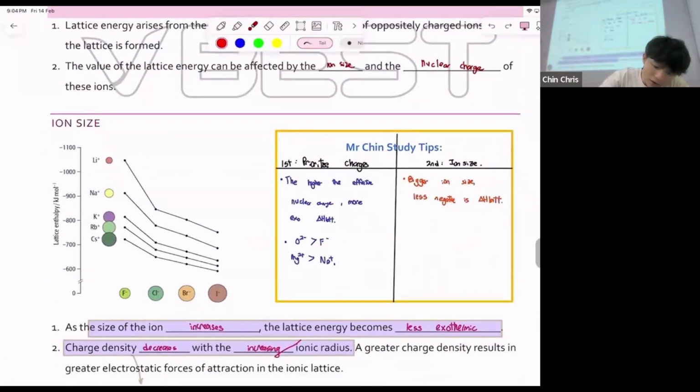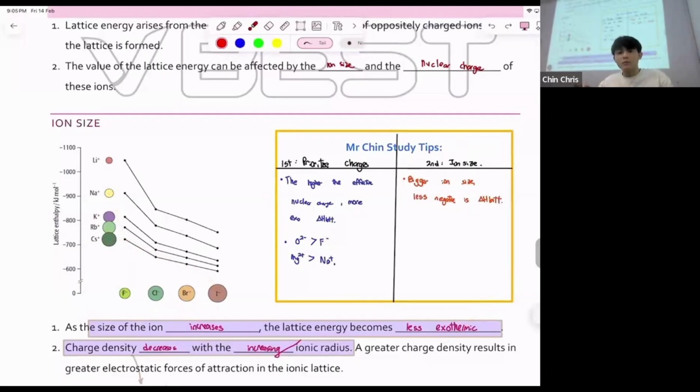So if you put a small one, the attraction is very strong, so you have a high value or more negative value. But if you have a big one, you see a weaker attraction, which means less exothermic, because the bond is weaker. When a weak bond is formed, less energy is given out.